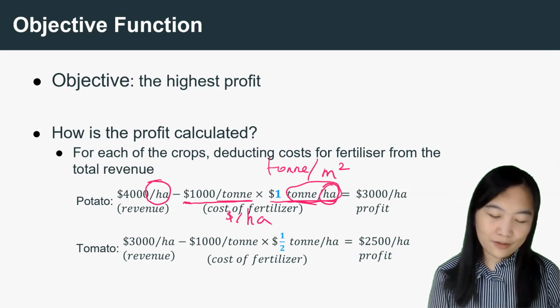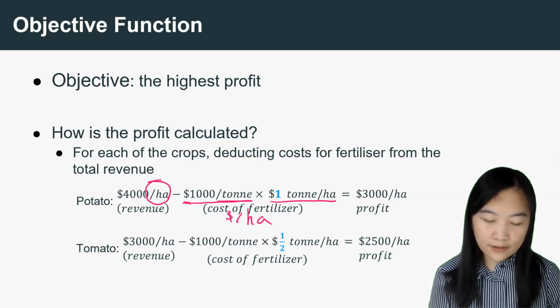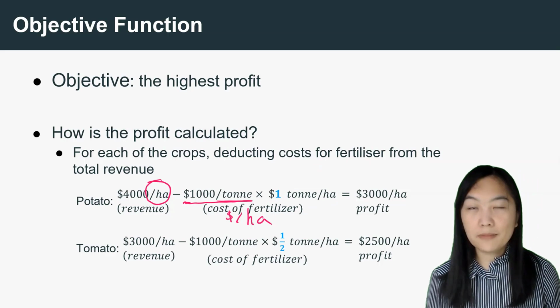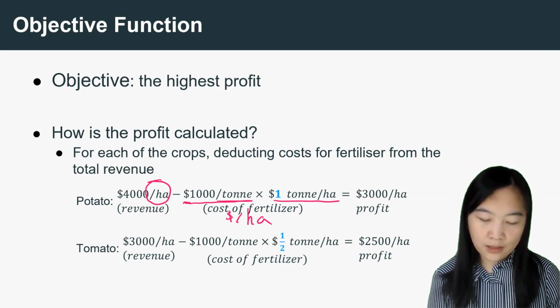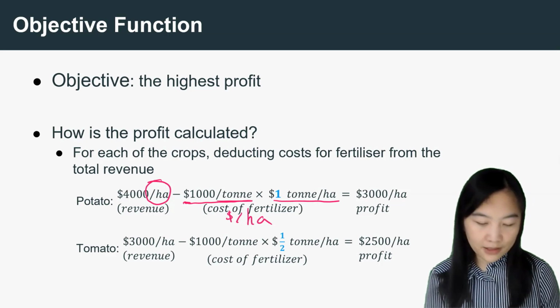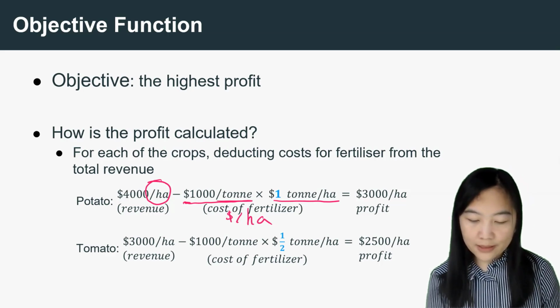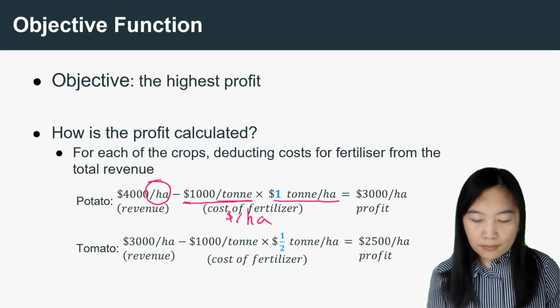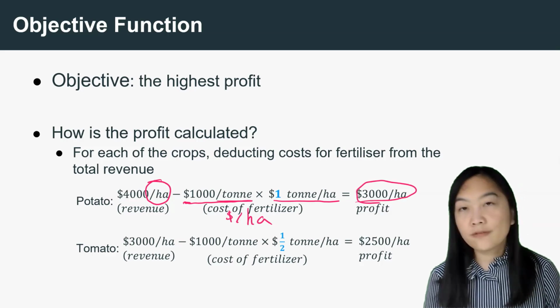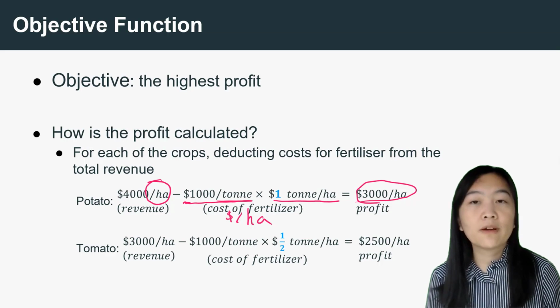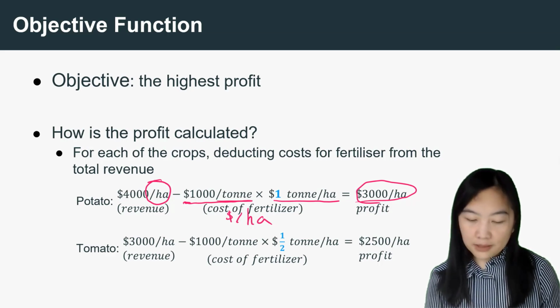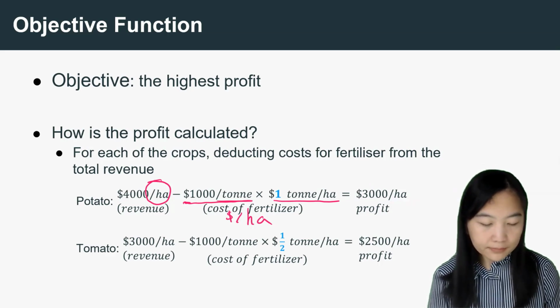So you need to be very careful about the units. But as we are just getting started, I do provide the ton per hectare so that your life is a little bit easier. So the profit we can get from the potato is a unit profit, the profit per hectare.